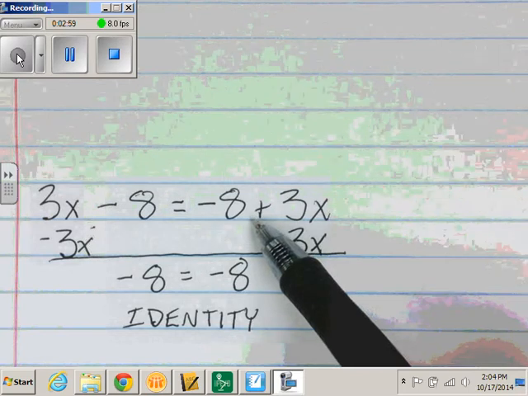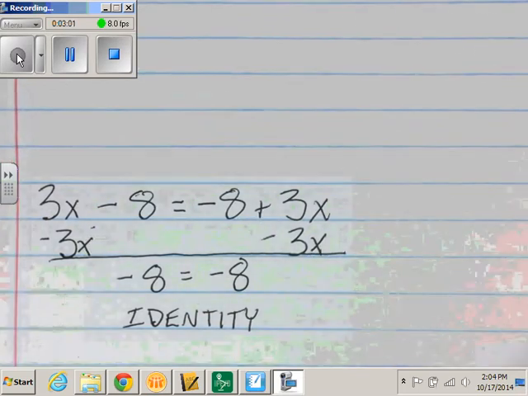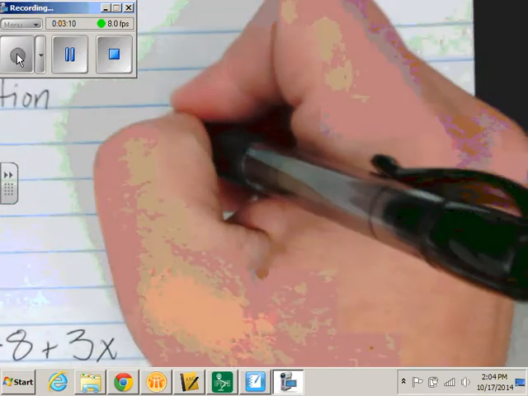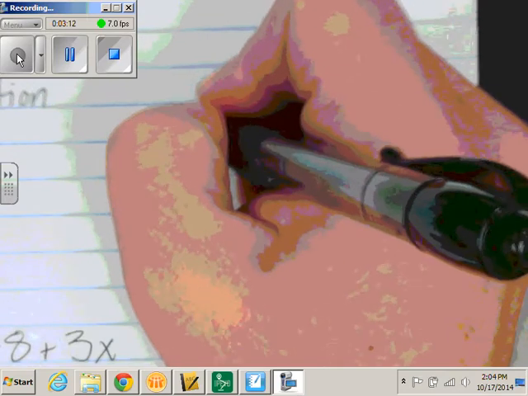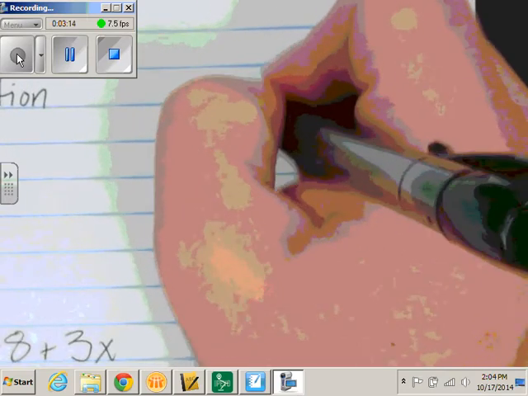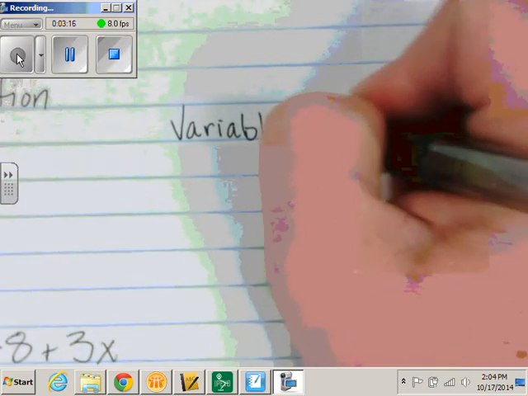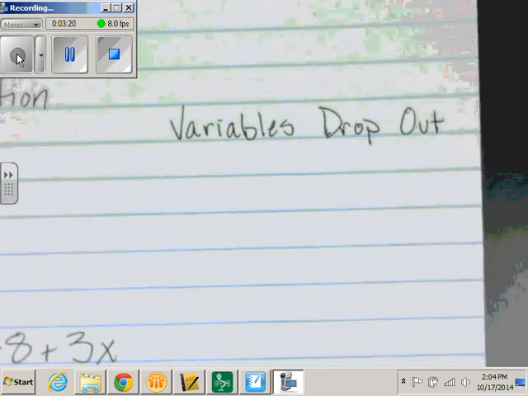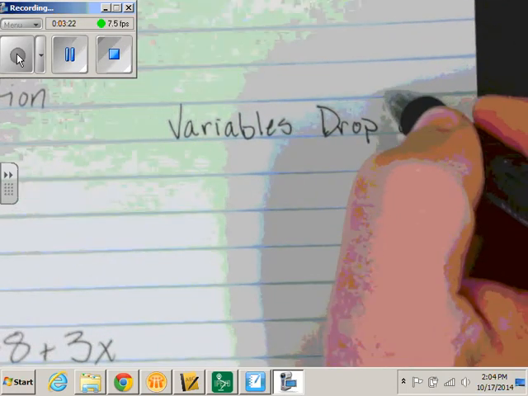To recap what we just went over, if the variables drop out of the equation as you are solving it, there are two things that can occur.